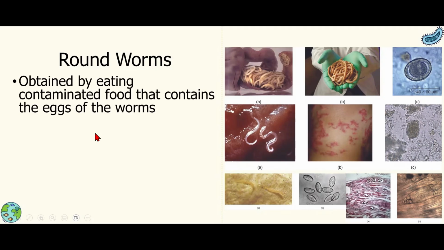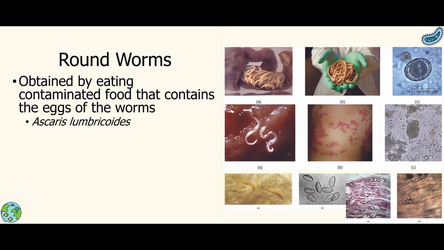So it's usually not the whole worm that you are consuming accidentally, it's the egg, which you wouldn't see, right? An egg literally is microscopic and it's just a tiny little circular thing like this. So these are microscopic pictures of the eggs of these worms, and you typically don't see it in the food. You wouldn't notice it. And then the eggs hatch, and that's how you get worms in your intestinal tract.